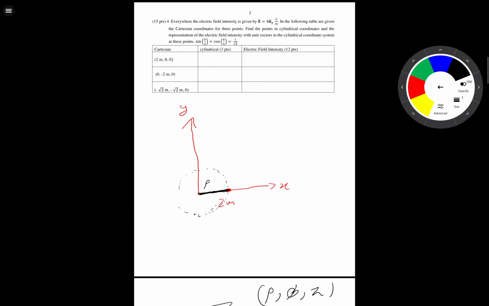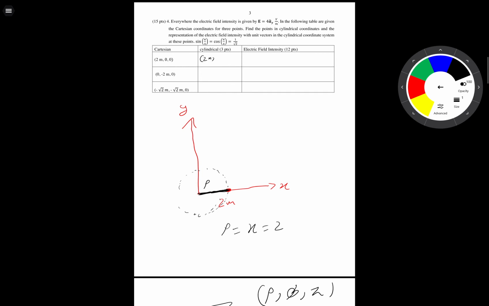That's how cylinders are in the cylindrical coordinate system. Its length is the same as our x component. As you can see, we have no y component, so our rho value is the same as our x value, which is 2 meters. So we can write 2 meters over here.